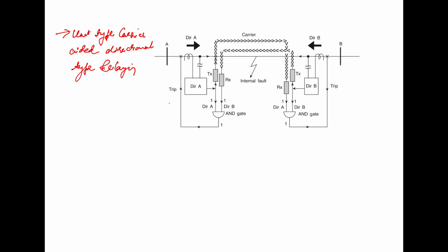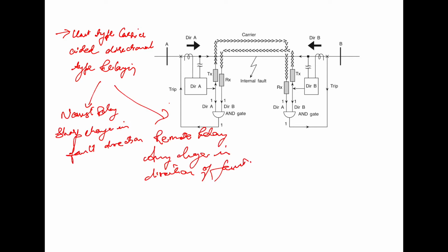However, a remote relay does not see any change in the direction of the fault. The remote relay cannot tell whether the fault is within the line zone or outside it, whereas the nearest relay has no difficulty at all in discriminating between the two.